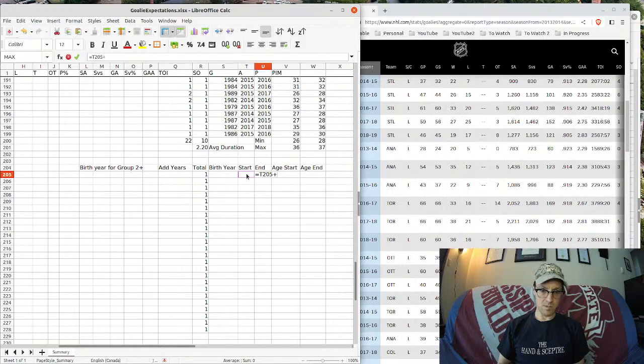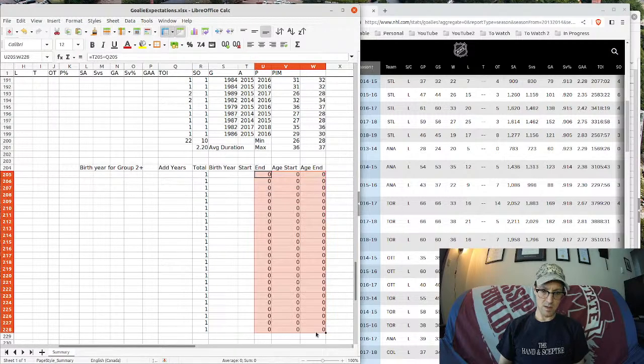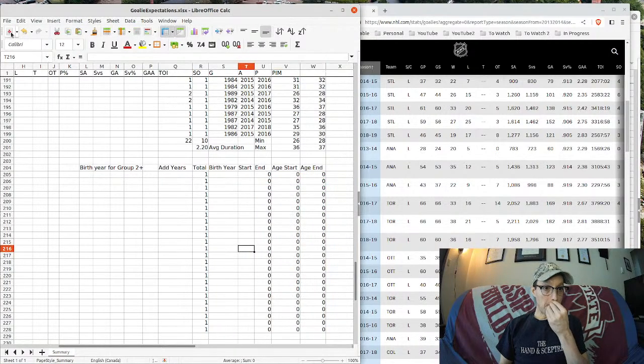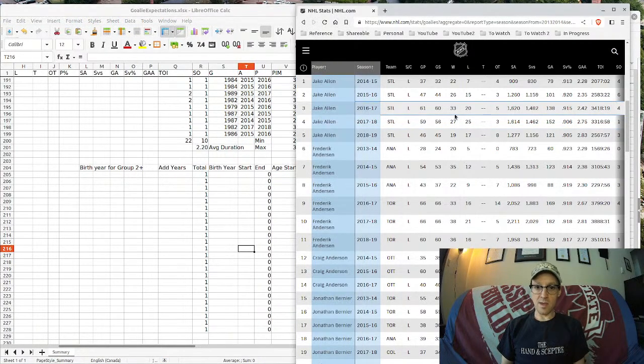Equals that plus that equals that minus that equals that plus that. Okay.